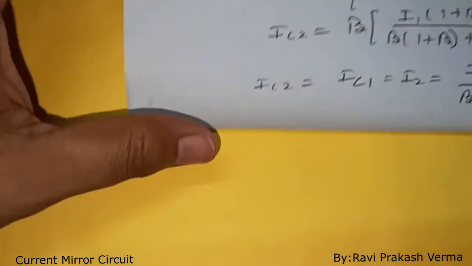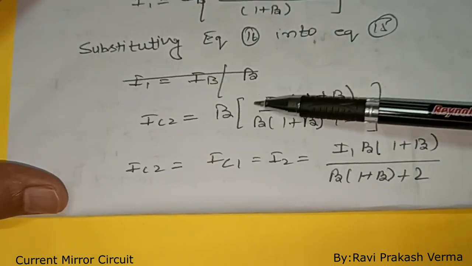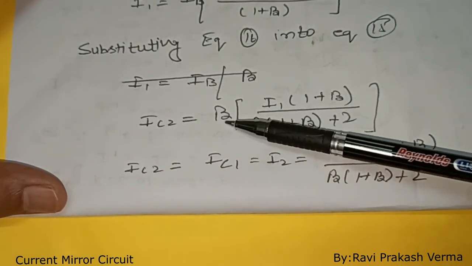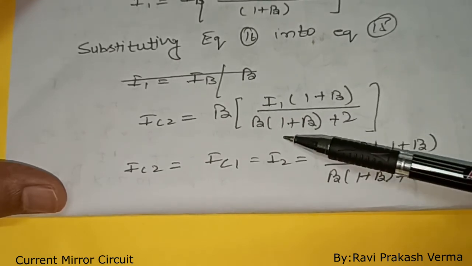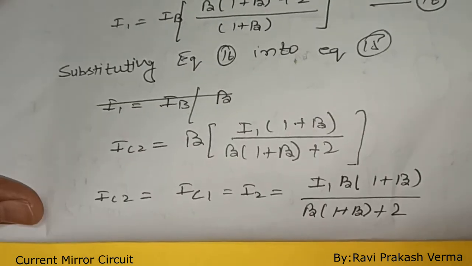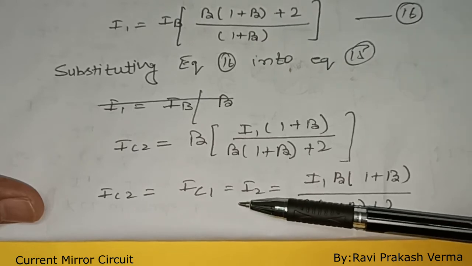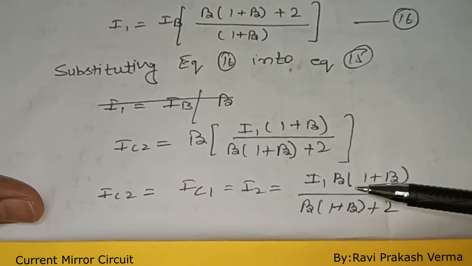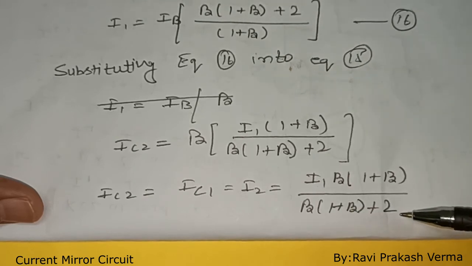Now putting in this value, we get IC2 equals IC1 equals I2 equals I1 times beta times (1 plus beta) upon beta times (1 plus beta) plus 2.